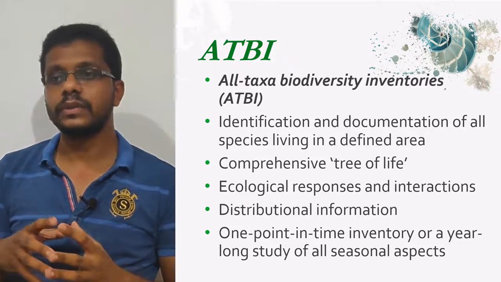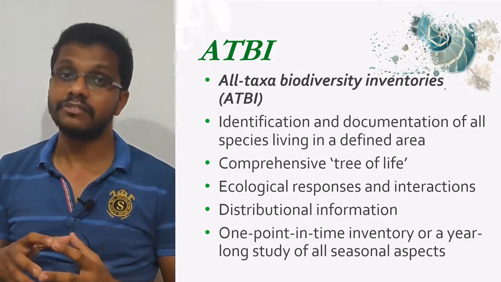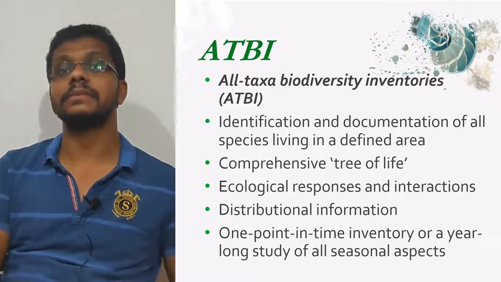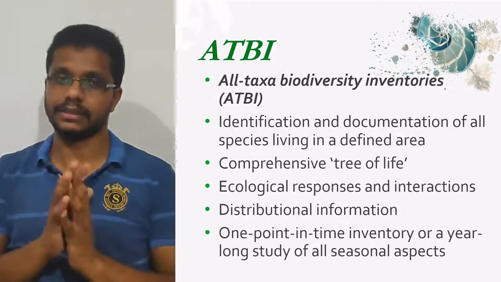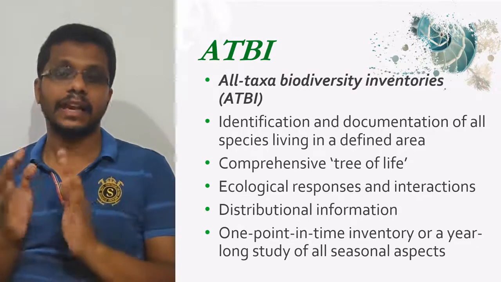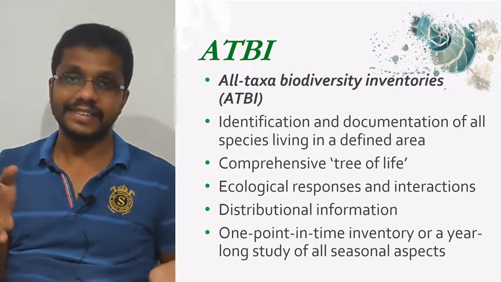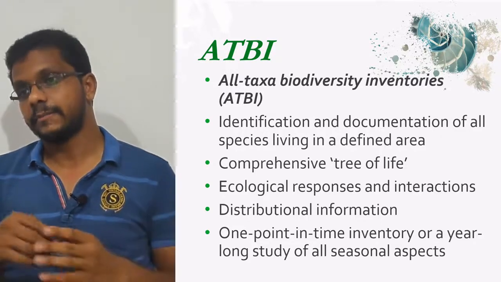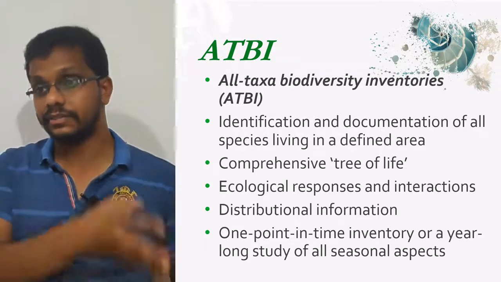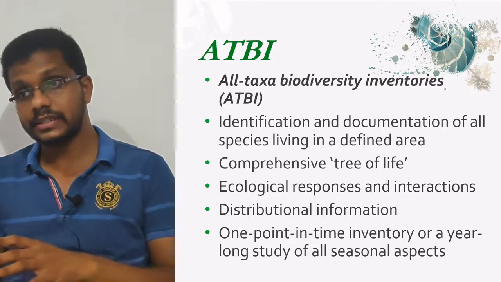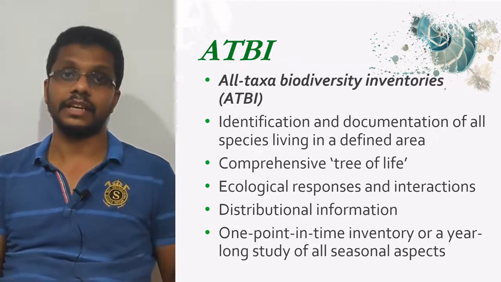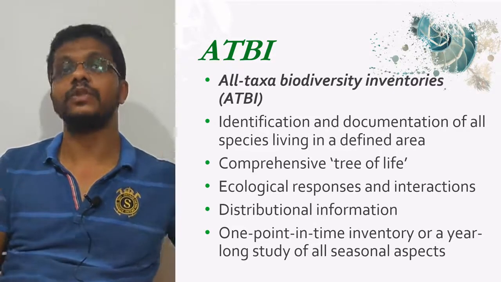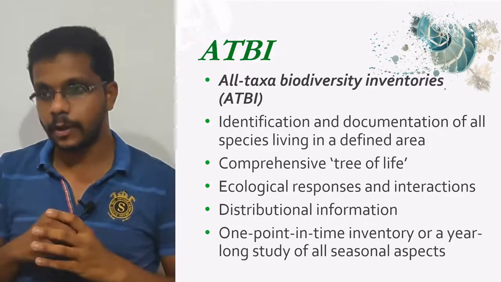ATBI also includes a comprehensive tree of life, which shows the relationship between different organisms in a particular region. This particular region can be a forest, a country, a particular ecosystem, a river, or anything like that. So we should identify the organism, document the organism, and make a comprehensive tree which shows the evolutionary similarities between these organisms.